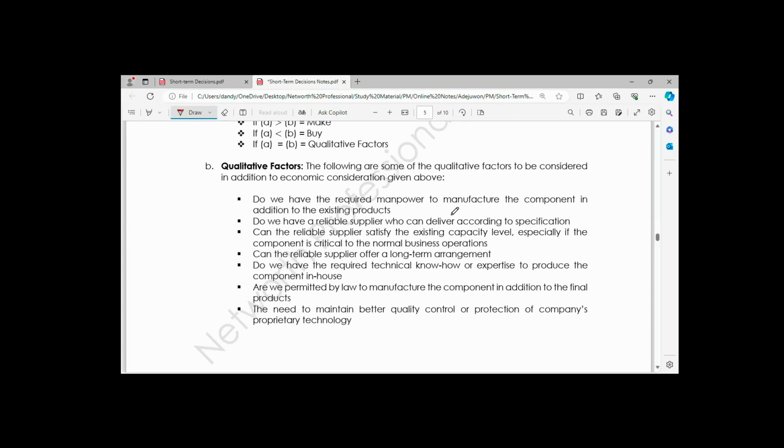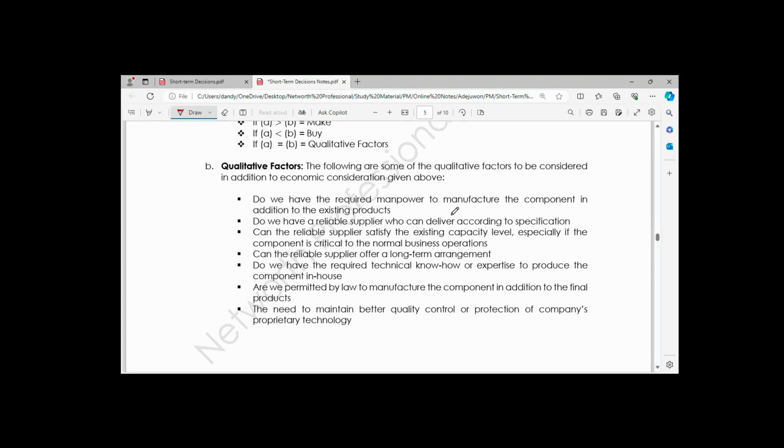Not only that, if you decide to contract the component to outside suppliers, the company will also need to ask some vital questions. One is, do we have a reliable supplier who can deliver according to specification? Because if you have been producing previously and you now decide to contract it to an outside supplier, how do you ensure that you have a reliable supplier who can deliver according to specification?